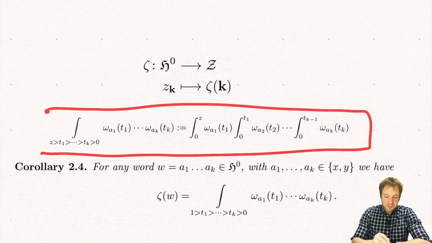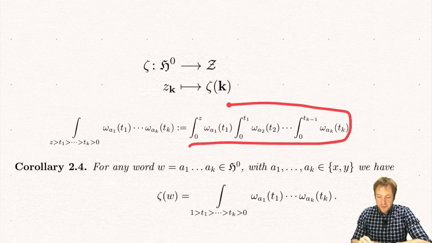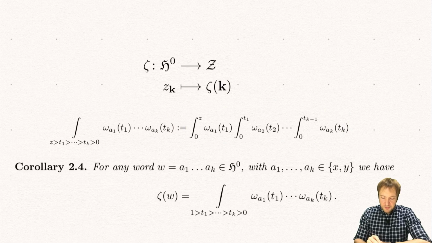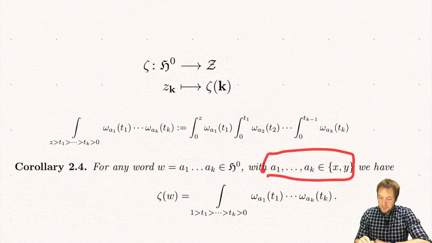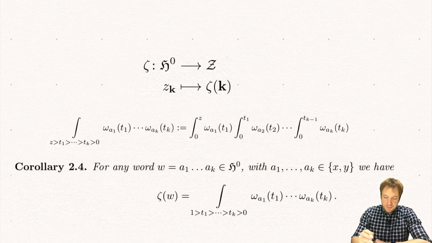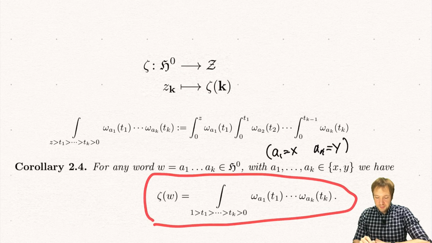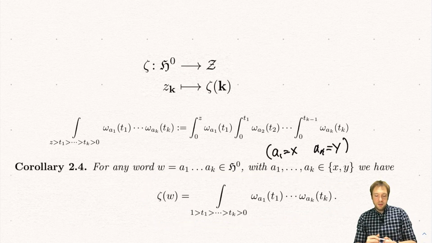And we also introduced this shorthand notation here, that this iterated integral is given by the integral over this domain here, where we have the product of these differential forms. And now the statement is that for an admissible word, meaning these a_k are in x and y, and admissible here just means that a1 is always x and ak is always y, we can write the multiple zeta value as this iterated integral, where we set z to 1 here.